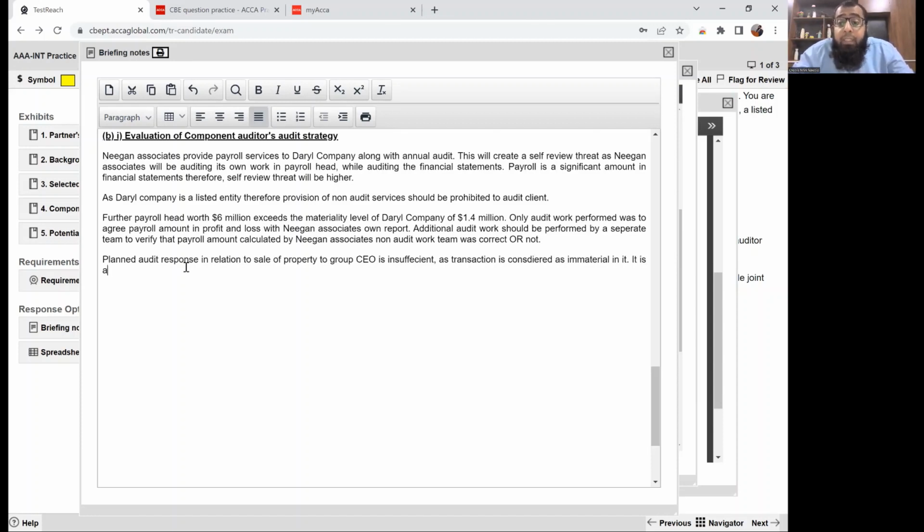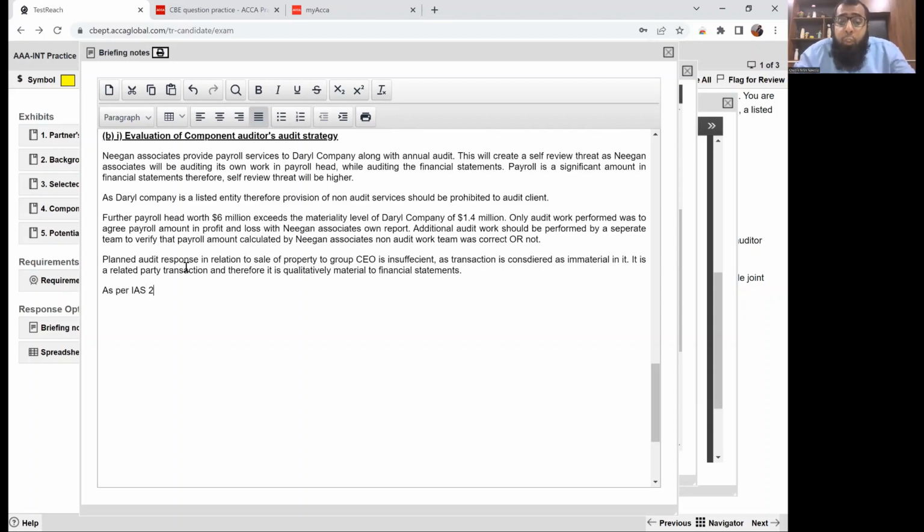It is a related party transaction, and therefore it is qualitatively material to financial statements. So first of all, it is material to FS. Are you getting it?